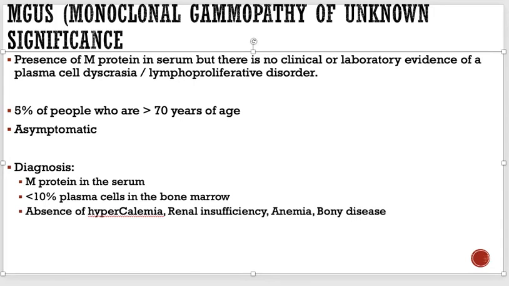So there is absence of CRAB. The M protein in serum should be less than 30 grams per liter in these patients.